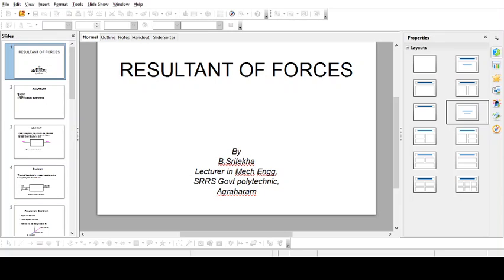So in the first quadrant, if you take x and y, both will be plus. Next, on the left side the x axis is minus and the y term is plus. In the third quadrant both are minus. In the fourth quadrant the y term is negative and the x term is positive.